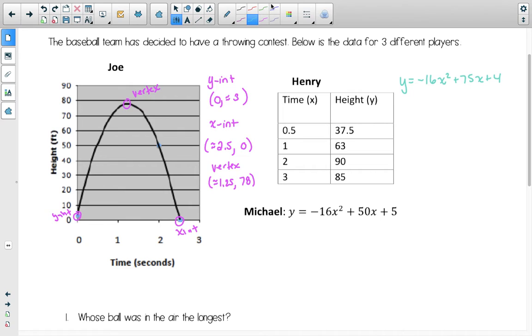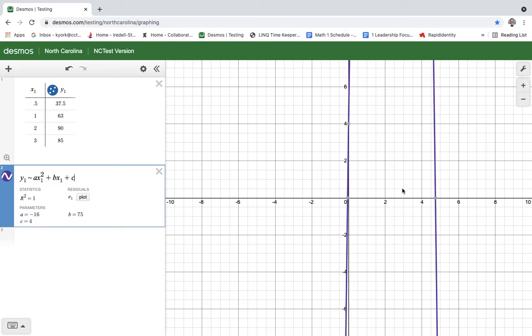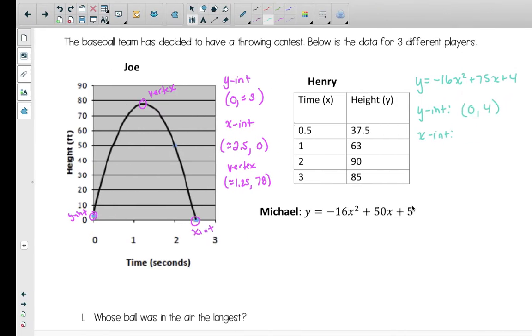With this, we can find his y-intercept, his vertex, and his x-intercept. The y-intercept will be at 4, because that's the constant. His x-intercept is where it hits the x-axis, so let's find that on Desmos. It's going to be 4 and 74/100, comma 0.